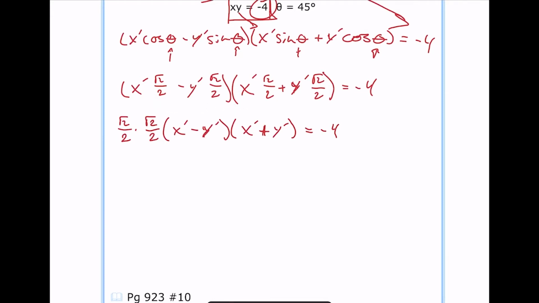And if we do this multiplication and we FOIL and combine like terms, and these are conjugates, so I'm going to FOIL and combine like terms pretty quickly there. This is a 2/4, and the product, foiling, combining like terms, gives us x prime squared minus y prime squared, still equal to -4. Let's multiply both sides of our equation by 2.